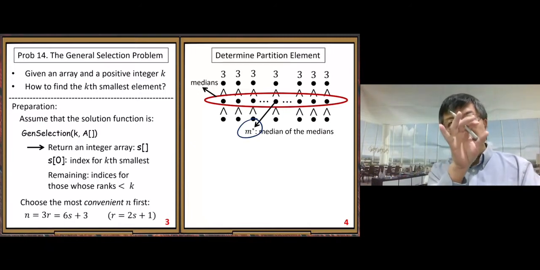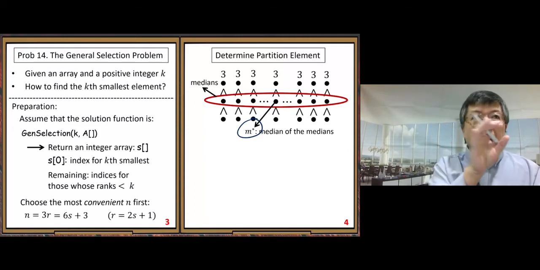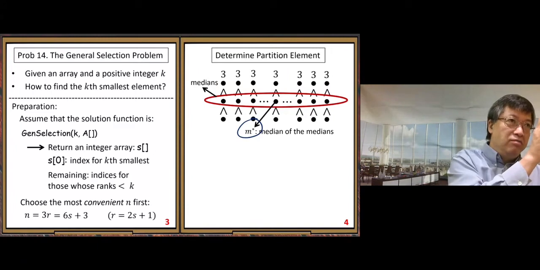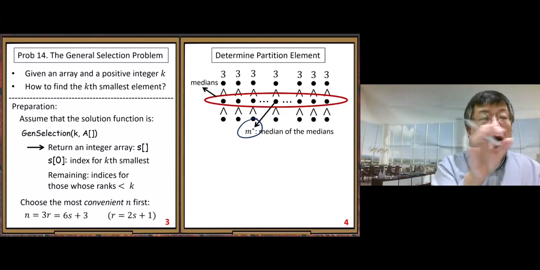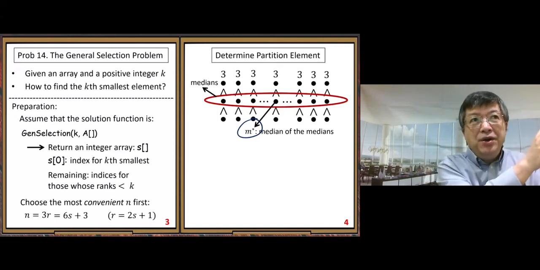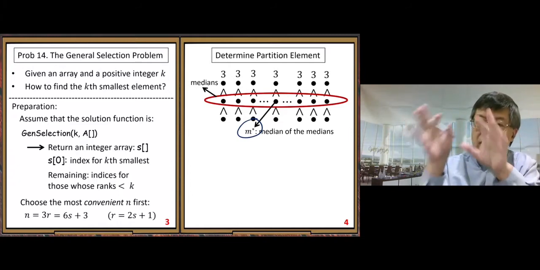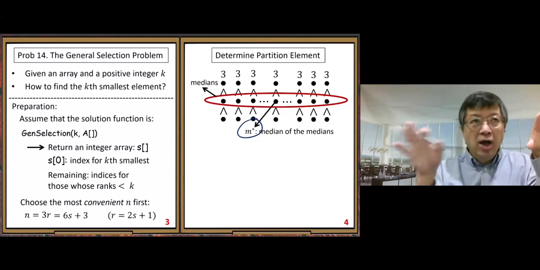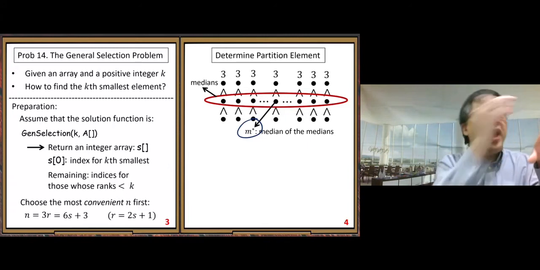Somewhere in the middle, we need to figure out which elements are located at the left-hand side of M star, based on their ranks, and which elements are at the right-hand side of M star based on the values of their ranks.